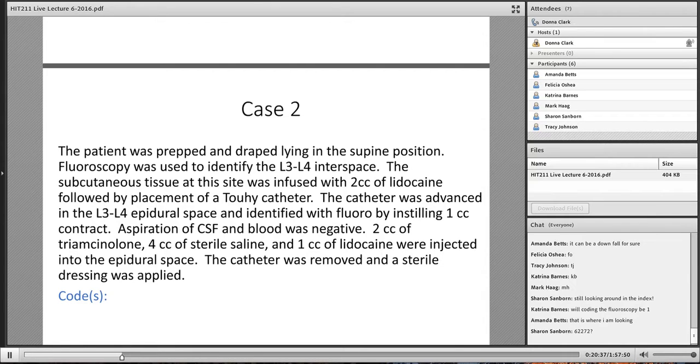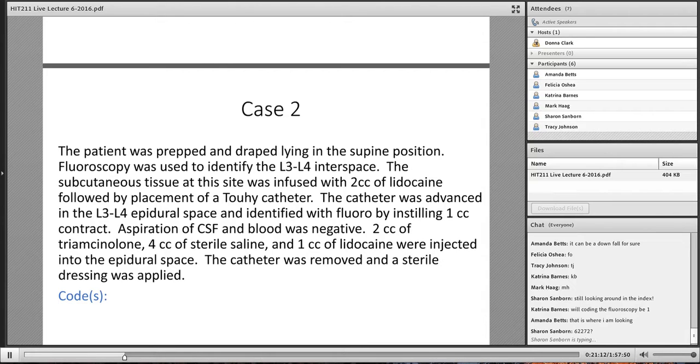Now, Katrina asked about the fluoroscopy, which is a good call. That's going to be dependent on whether it's included in your code for the epidural injection, which I'm going to tell you is not, once you find the correct code. So yes, a direct answer to Katrina's question is that we are going to have to capture the fluoroscopy. And what do we use the fluoroscopy for in this case?